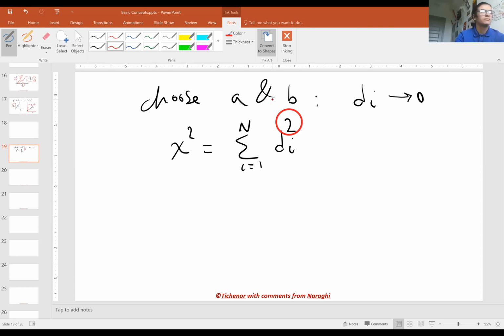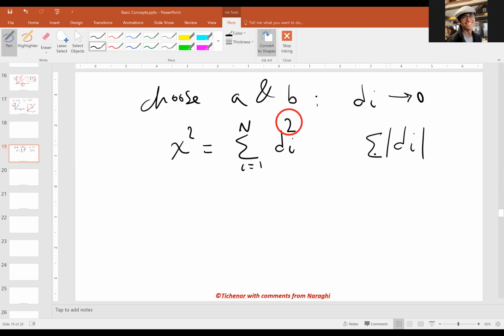I could have written it as the absolute value of di, but dealing with the absolute function is very difficult, because right at 0 the slope of it is not continuously defined. It's not a continuous function. So that's why we deal with this.